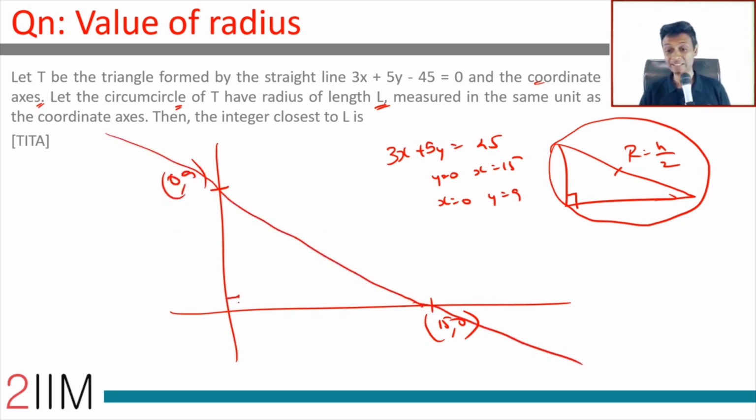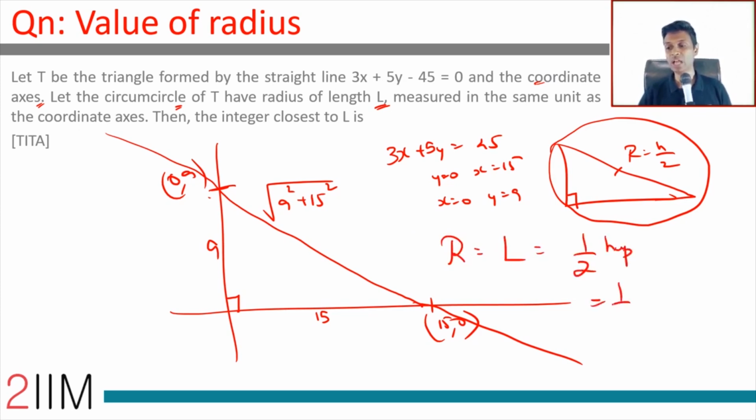A right angle triangle, sides 15 and 9. So the hypotenuse we can find out, just square root of 9 square plus 15 square. Circumradius, which is effectively L in our case, is half of square root of 9 square plus 15 square.